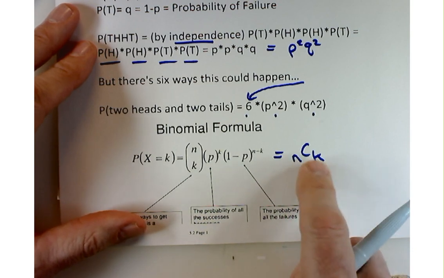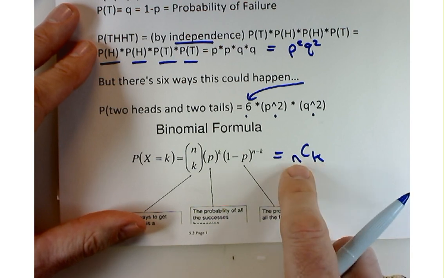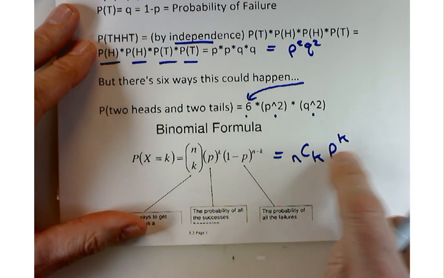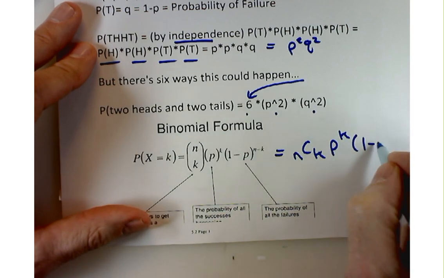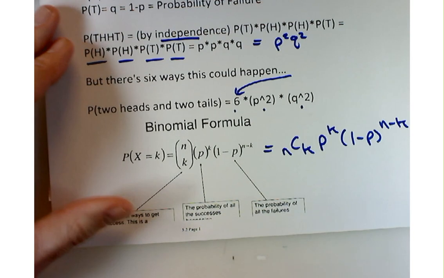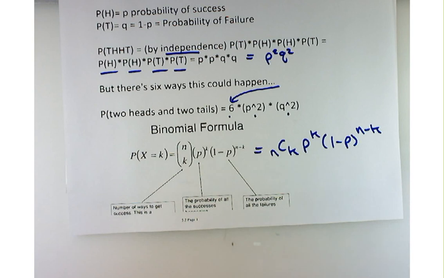So this is the number of combinations of k heads taken out of n flips, times the probability of getting those k heads, times the probability of the rest of them, n minus k, are tails. And so that's what's called the binomial probability density function. Not a word that you necessarily need to know, but if you ever wanted to look it up, that's what it is.